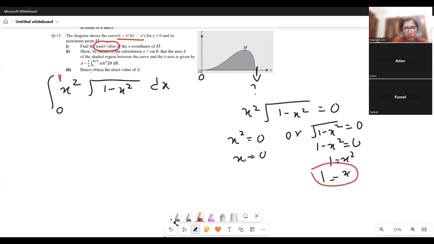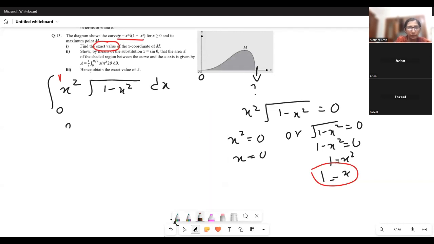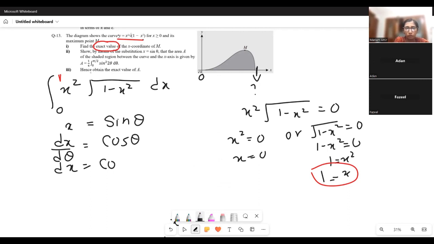Okay. Now we use the given substitution, which is x equals sine theta. We differentiate it with respect to the variable on the right. The derivative of sin theta is cos theta. So dx equals cos theta d theta.